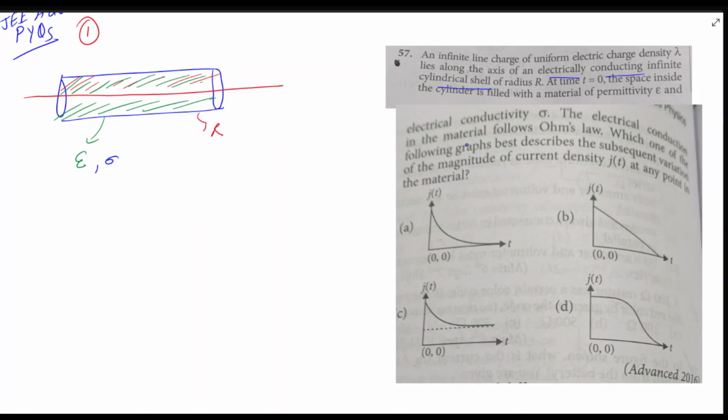The electrical conduction in the material follows Ohm's law. So we have to apply Ohm's law here. Which one of the following graphs best describes the variation of current density at any point in the material?